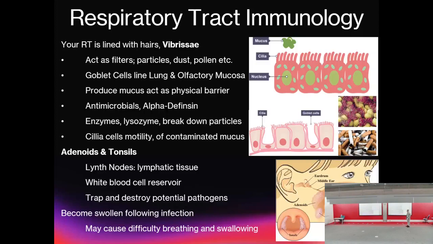Now, I've got an image here of cigarettes. And one thing we know that cigarettes do is they damage your cilia cells. Okay, so you can see this example I've got here, and they damage mucus production and these little hairs.